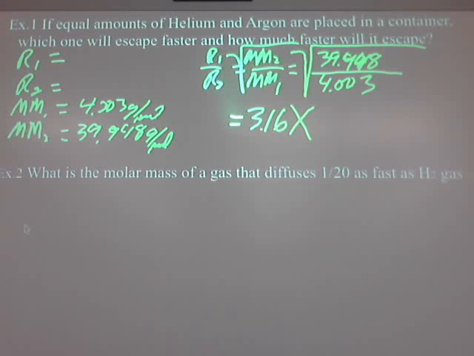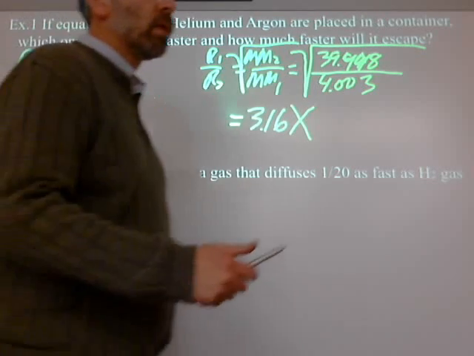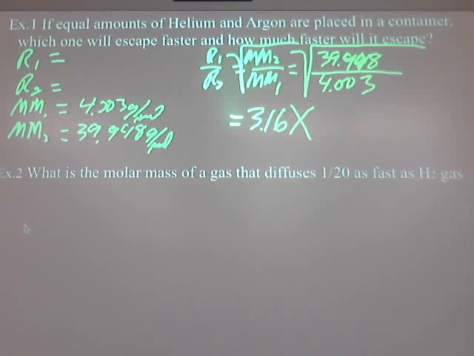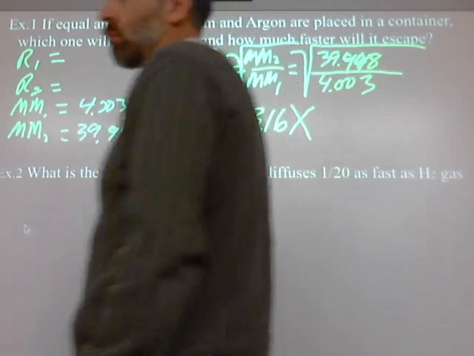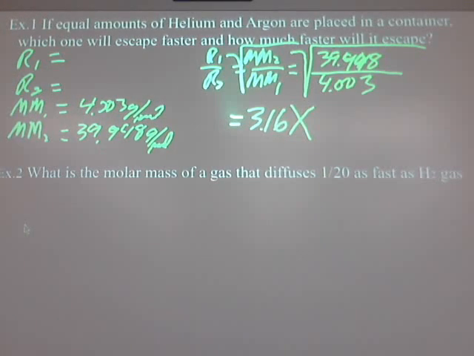It makes for a little bit more work, but not too much more. Basically, if I know the ratio of the rates, and I know the molar mass of one of the guys, I can figure out the molar mass of the other guy. And that's what I'm going to do here.